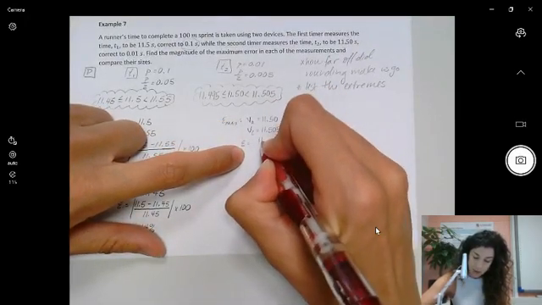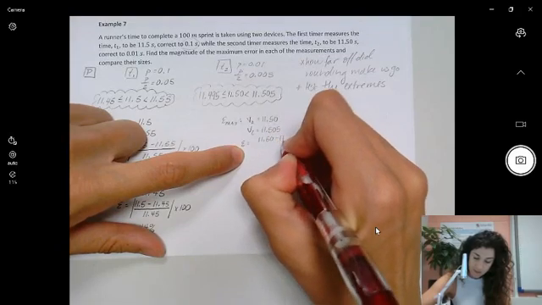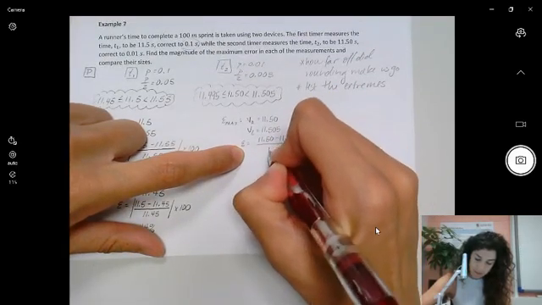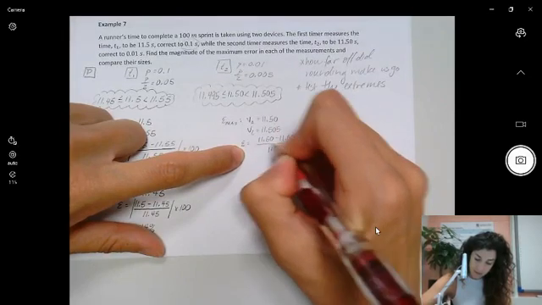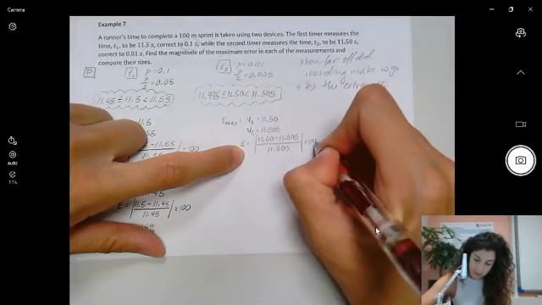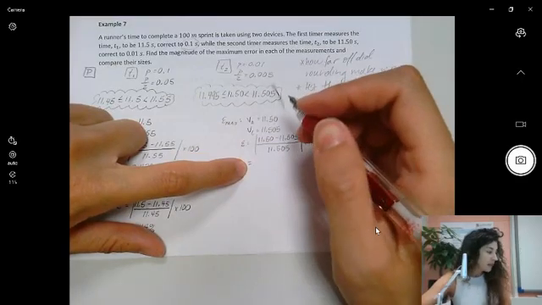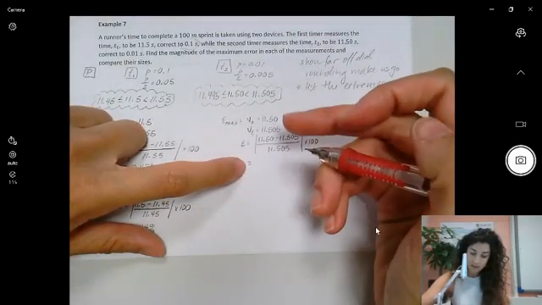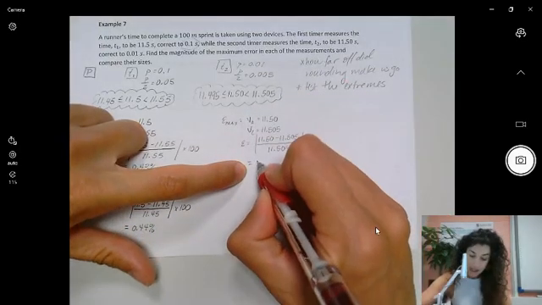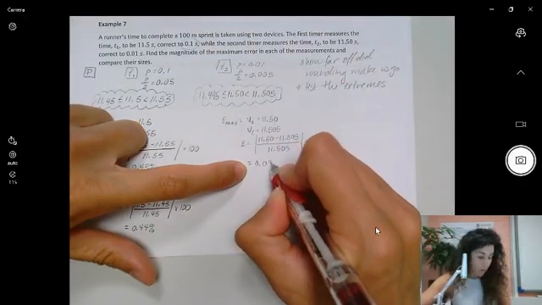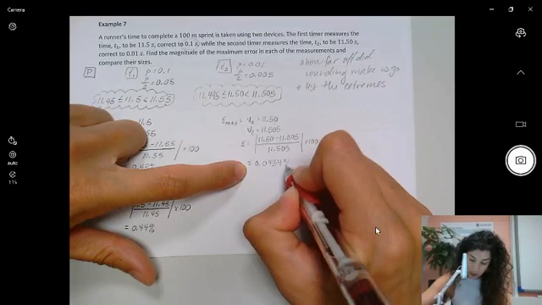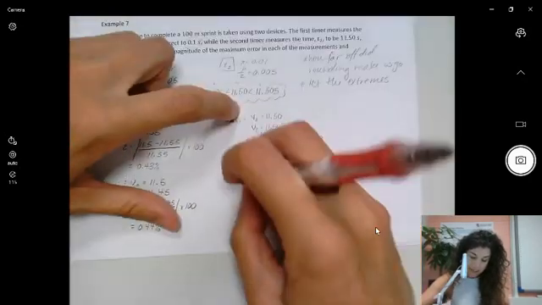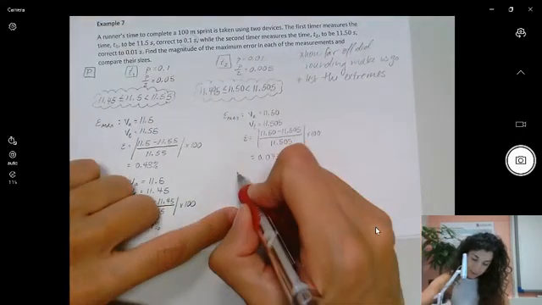Plugging it into our percent error formula, it will give us, after multiplying by 100, 0.0434, and that is a percent. A very, very tiny percent.